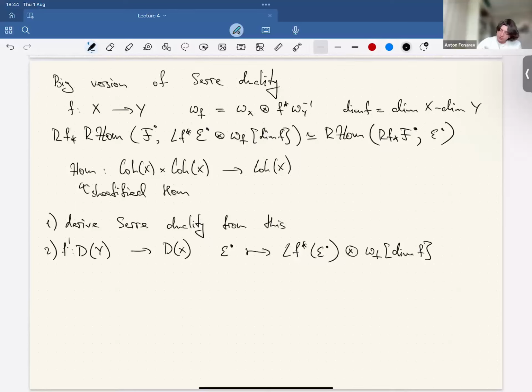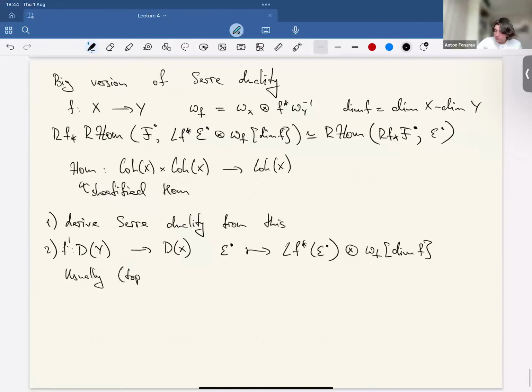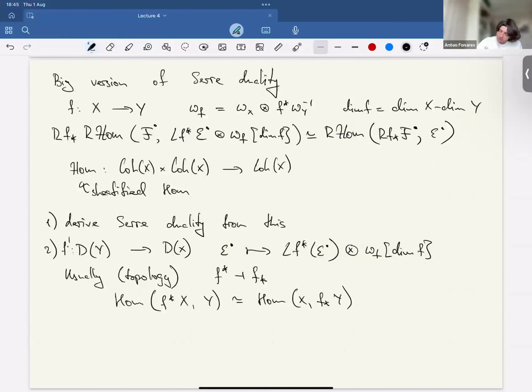And now the most important thing that I did not explain is that usually, say topology, or algebraic geometry or whatever, you have an adjunction. Namely, you have Hom between F upper star of X, Y is isomorphic functorially to Homs from X to F lower star of Y. Well, X and Y are bad.